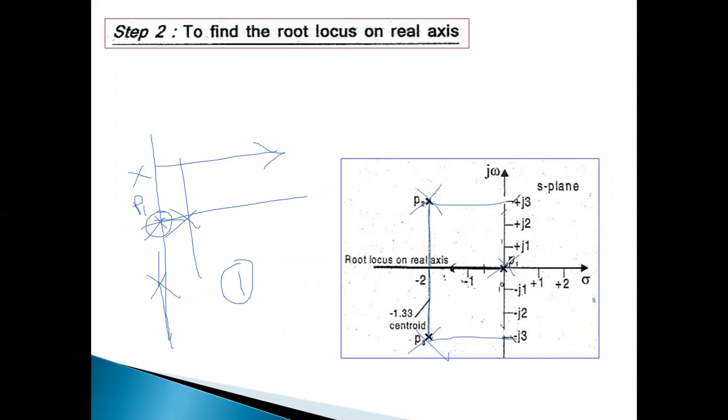That means the root locus branch moves in this direction. The root locus starting at this point moves in this direction only because the total number of poles and zeros on the right half of the test point is an odd number. So that we have to remember.